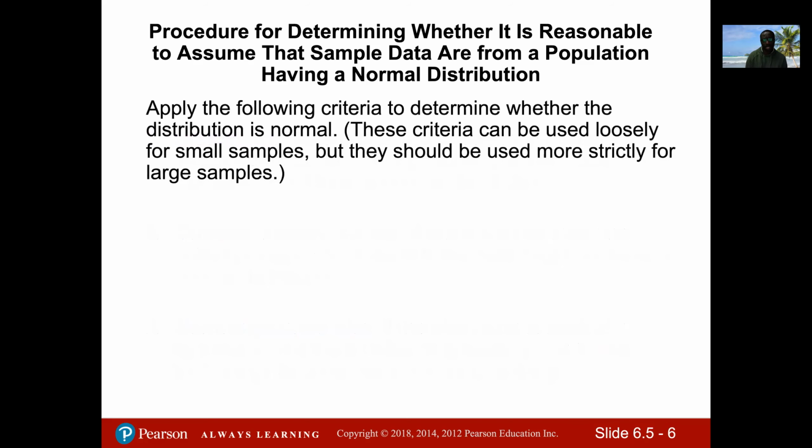So the procedure continues: apply the following criteria to determine whether the distribution is normal. These criteria can be used loosely for small samples, but they should be used more strictly for large samples, okay?